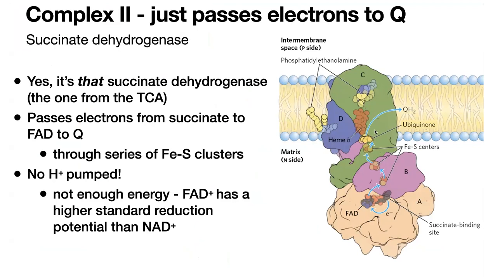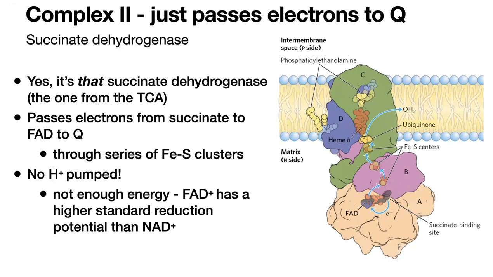Well, the point is to get the electrons to ubiquinone. So our ubiquitous carrier, that thing that's going to be able to transfer those electrons further down the line, we need the electrons to be there. So we're going to waste the energy from this in order to do that. Waste in the terms of we're not pumping out protons, but we're still doing something very useful.